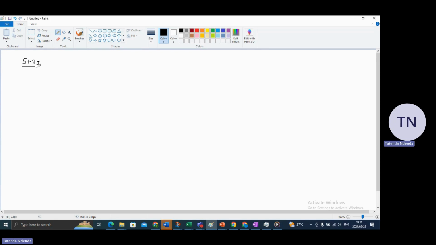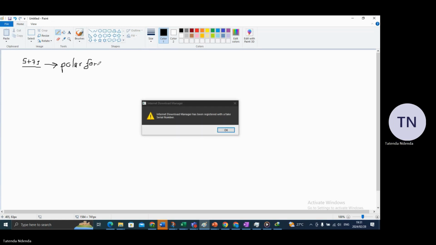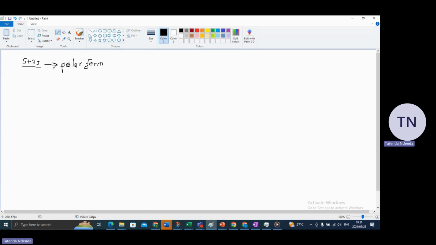Okay, so we have this variable here, then we need to change it to polar form. Okay, so we have to change this to what? To polar form.